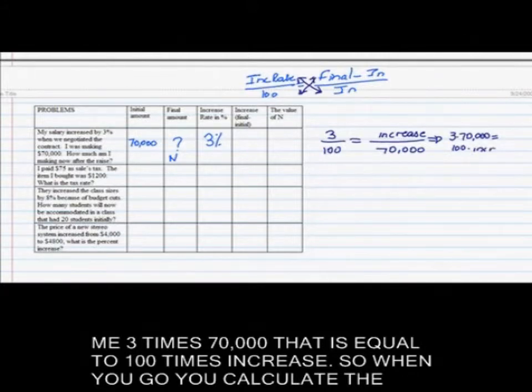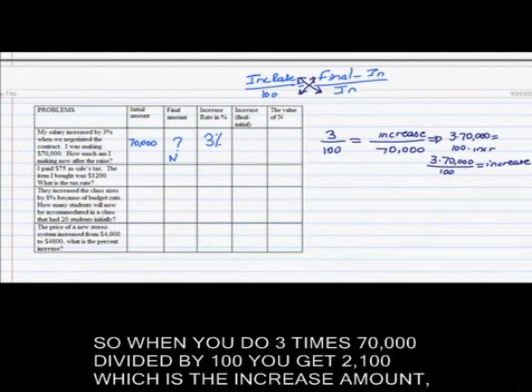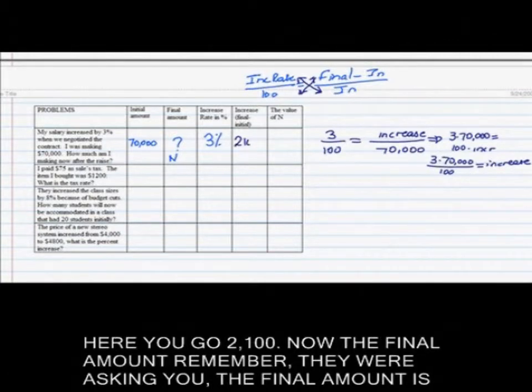So when you calculate the increase, you have to multiply 3 times 70,000 and divide by 100. That will give me the increase. So when you do 3 times 70,000 divided by 100, you get 2100, which is the increase amount. Here you go, 2100.